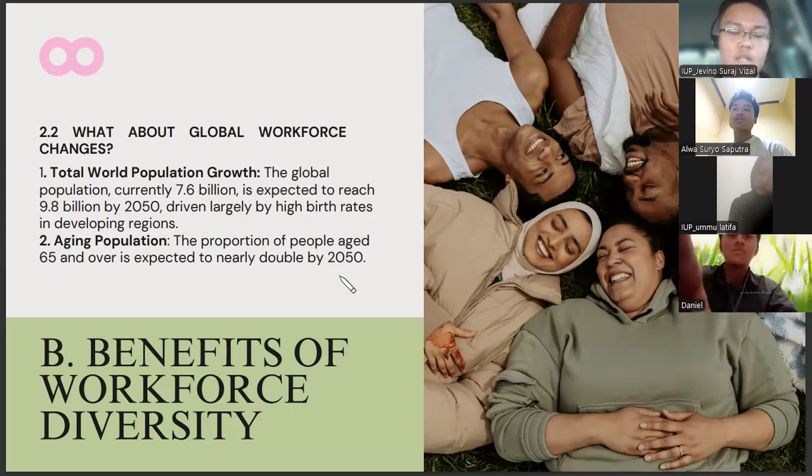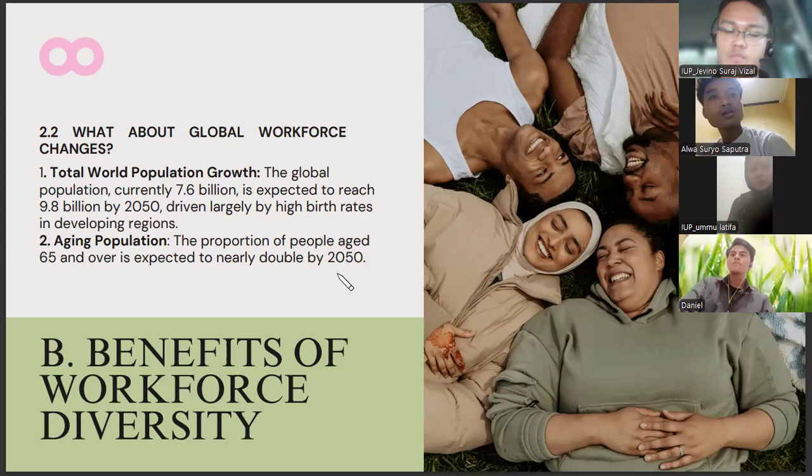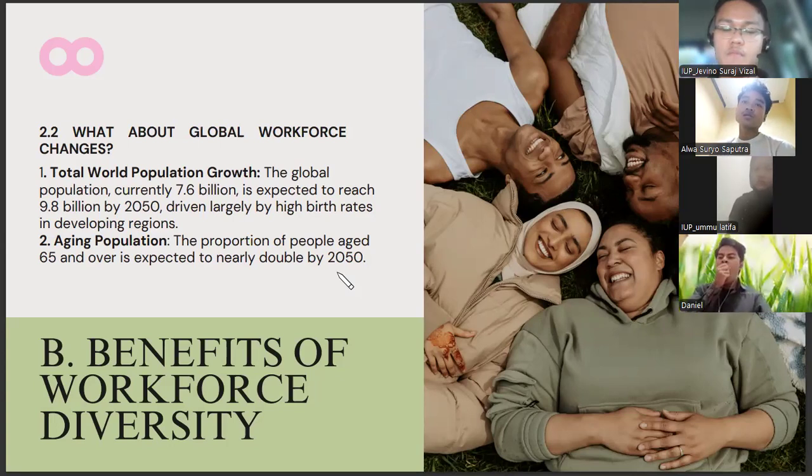For example, this aging trend will lead to labor shortages in advanced nations, increasing reliance on immigrants and older workers aged 70 to 80 plus, and create challenges for social programs, labor supply, and economic sustainability. This shift will profoundly impact societies, business, and the global workforce.